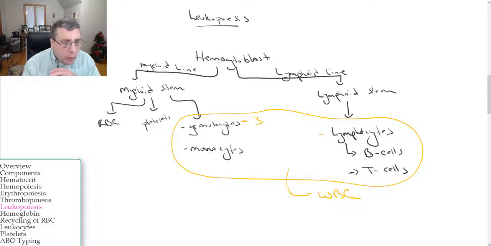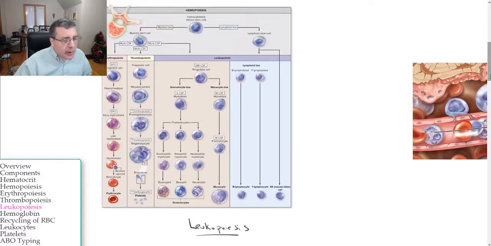So let's go back and look at where all this is originating from. So let me go back up here and see where they come from. So this is our picture that we saw previously on here. And in this case, we are looking at the differences between the myeloid line and the lymphoid line.